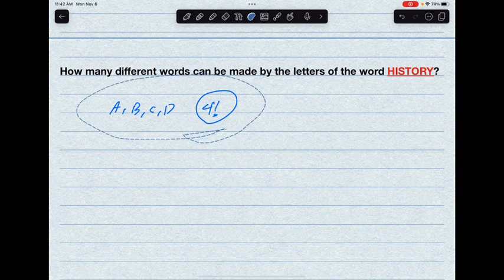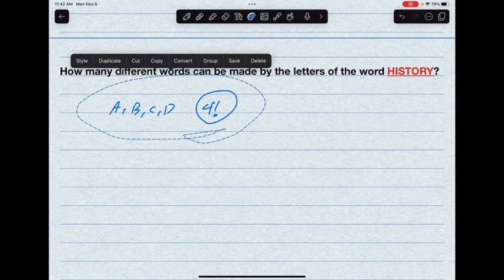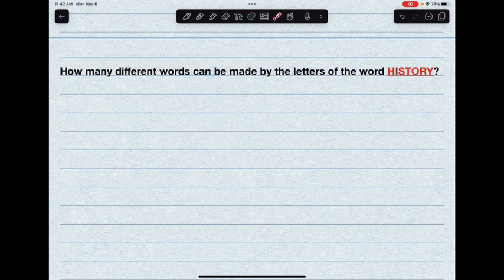But the other type of word making problems is when they give a word like history and they say, now how many words can be made by using the letters of this word. Here they didn't mention how many letters the new word must have, so when they don't mention, it means it must have the same amount of letters as history, like 1 2 3 4 5 6 7.